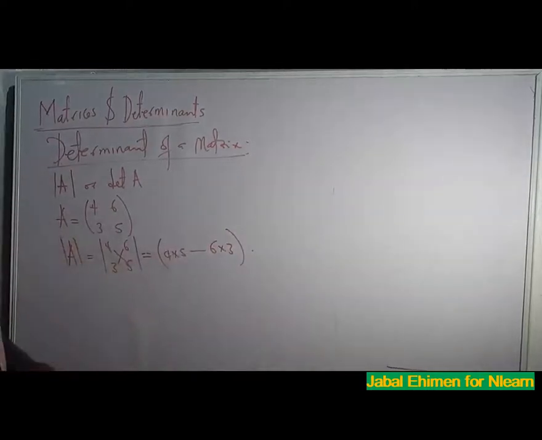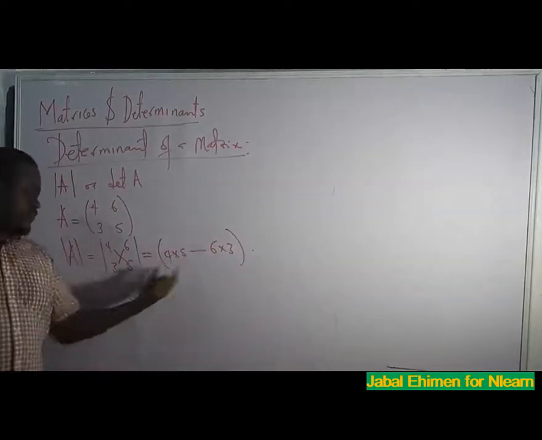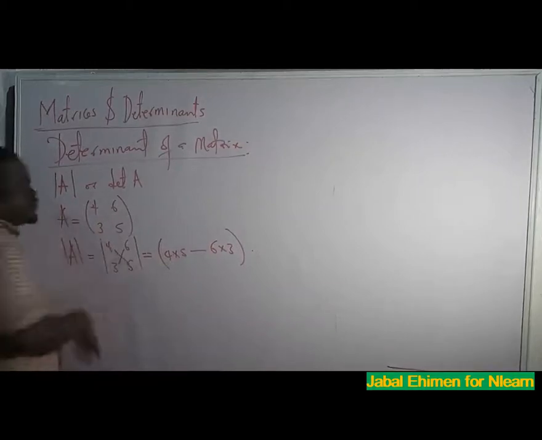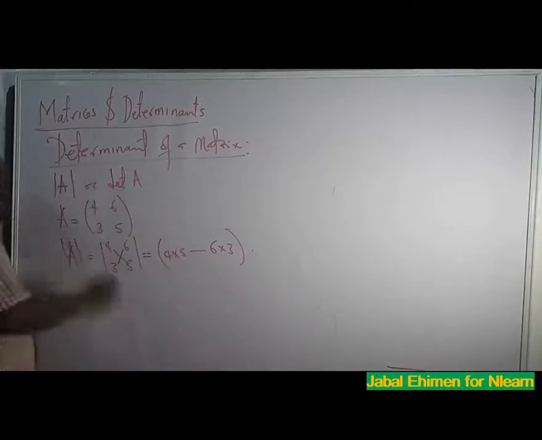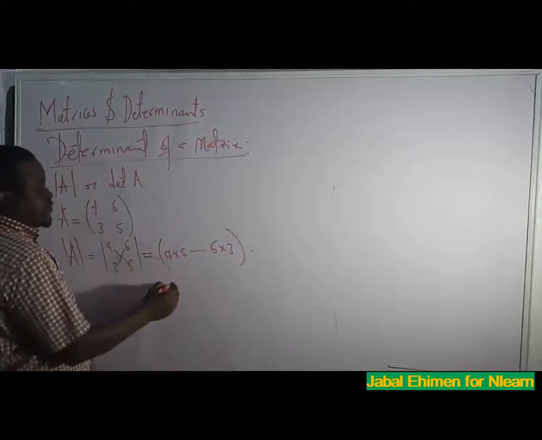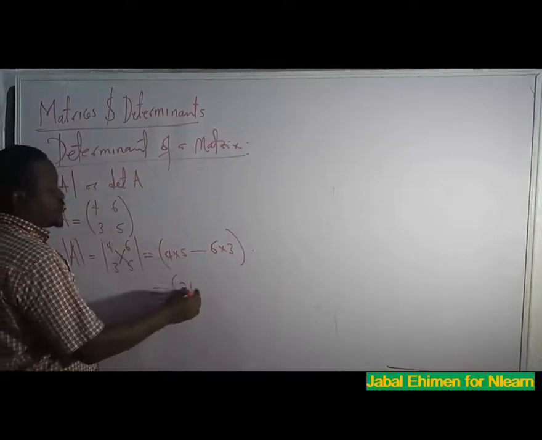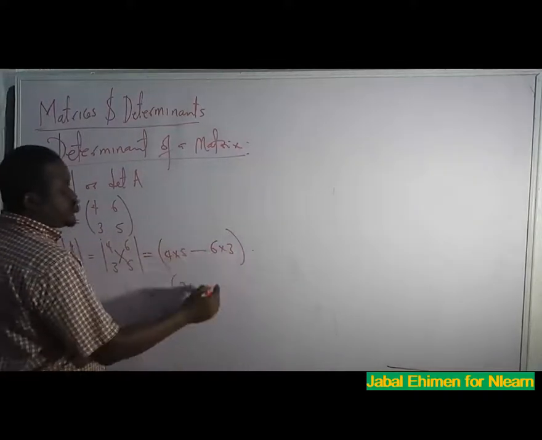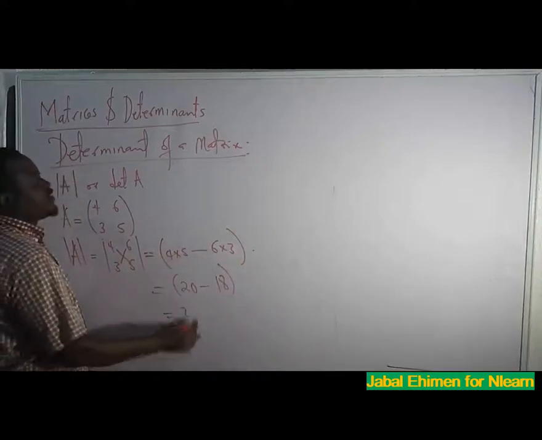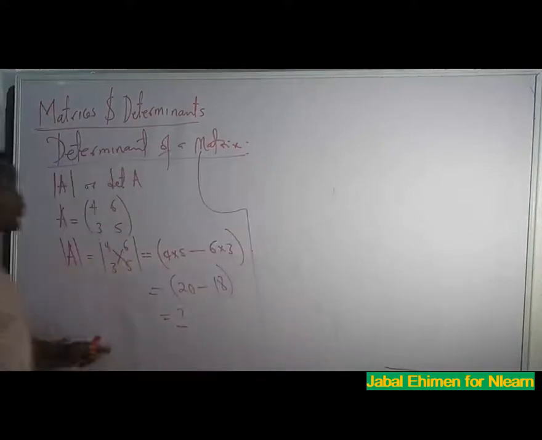If you look at this, you can say 5 times 4, 3 times 6, but always remember, it is this minus this. So from there you have 4 times 5 should be 20, 6 times 3 should be 18, so 20 minus that becomes 2.